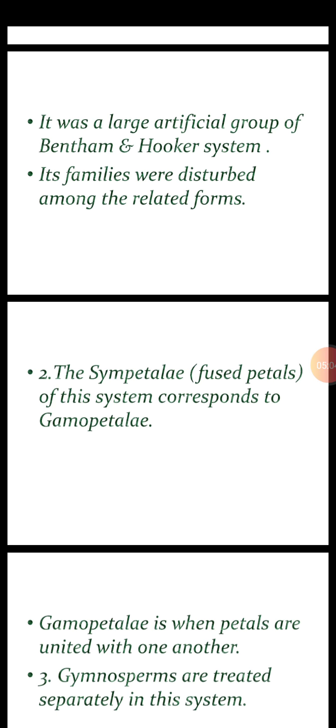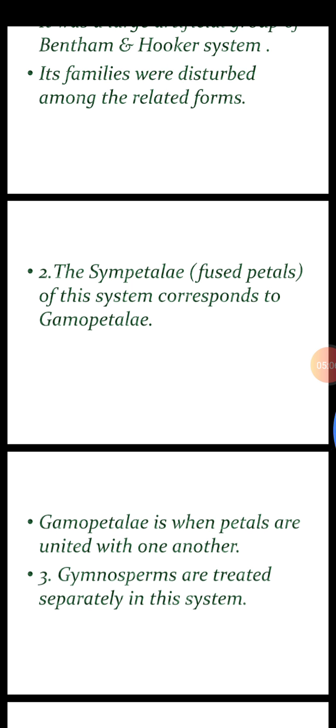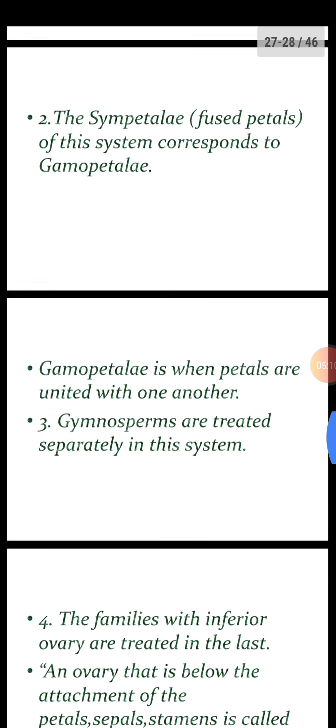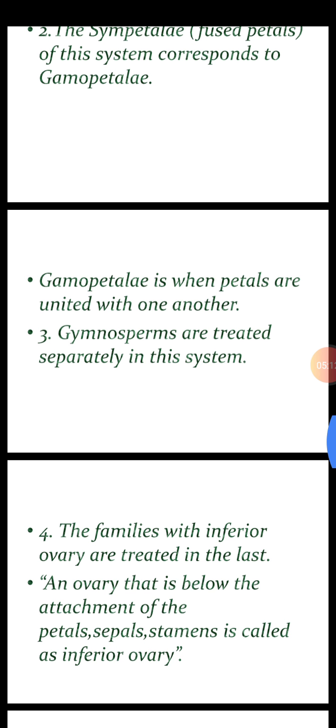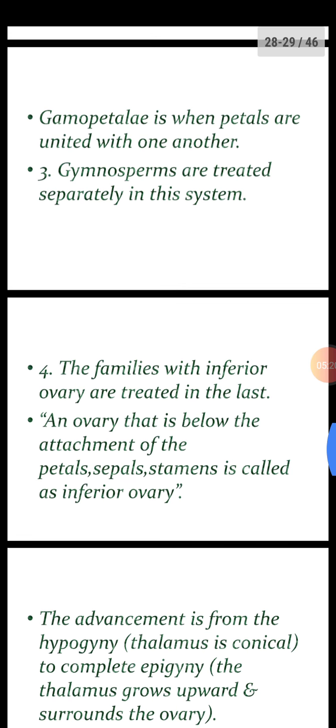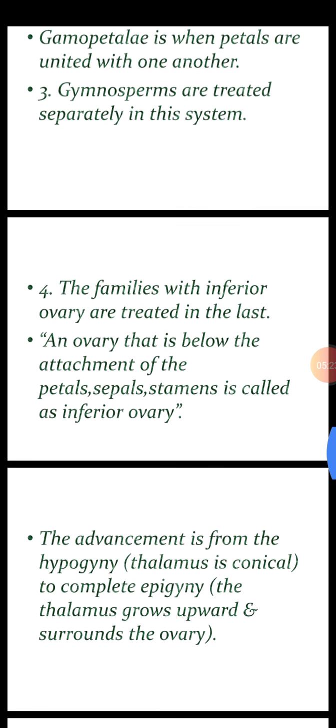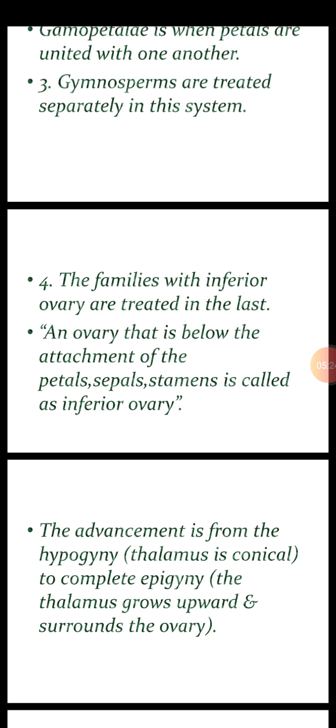Sympetaly means fused petals, that is, petals are united with each other. Sympetaly of the system corresponds to gamopetaly. Gamopetaly is the condition when petals are fused or united with one another. Gymnosperms are treated separately in this system. The families with inferior ovary are treated last in this system.